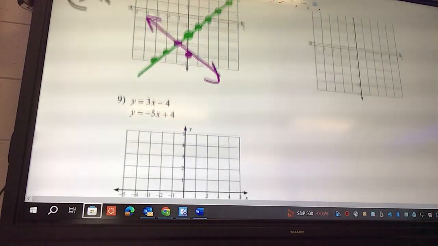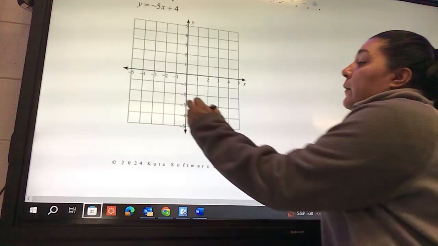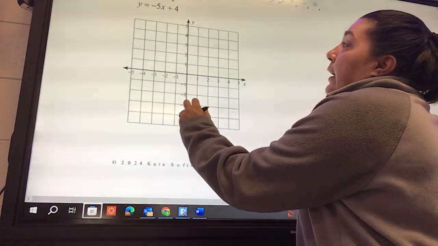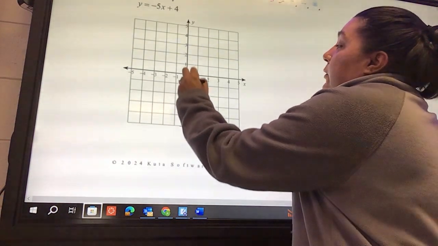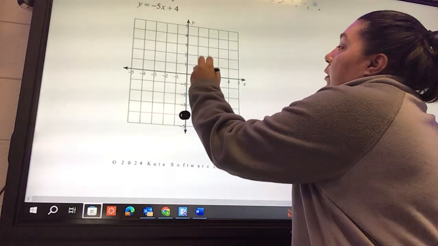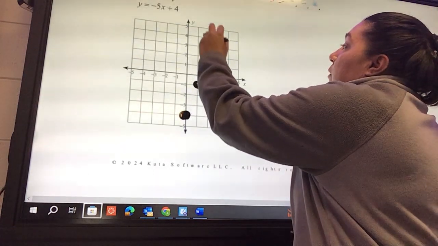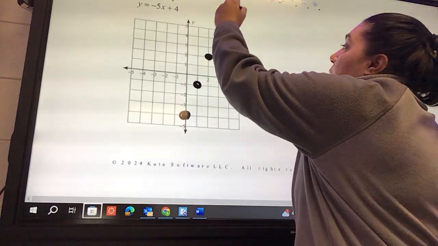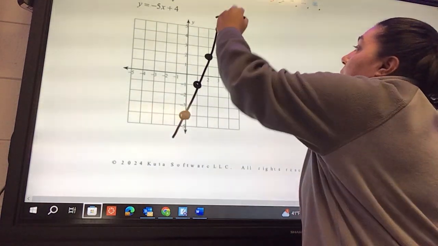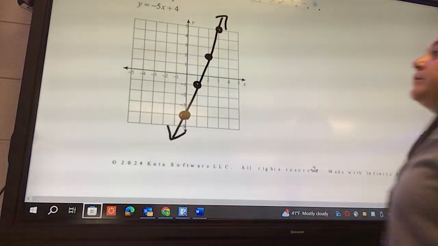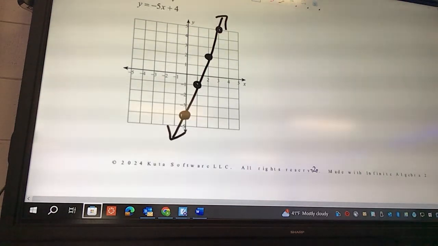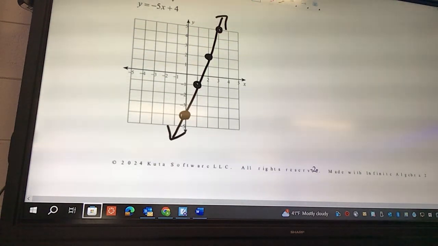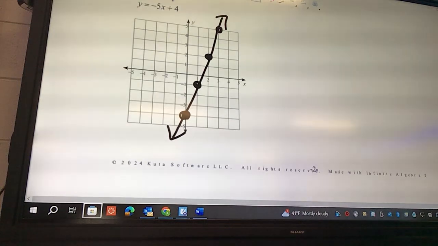Okay, number 9, line 1 starts at -4. And we're gonna go up 3, 1, 2, 3 over 1. Okay, line 2 starts at +4.